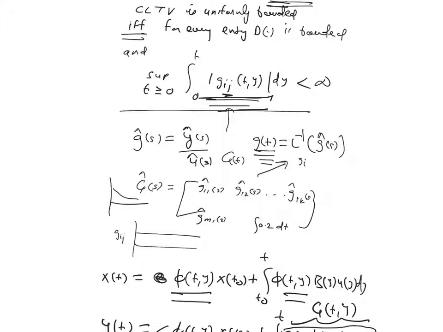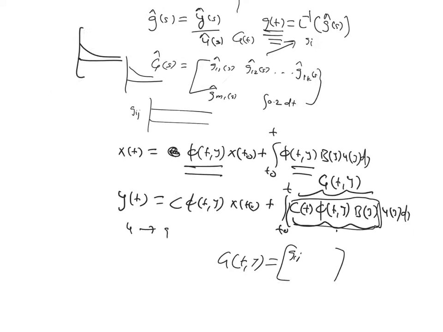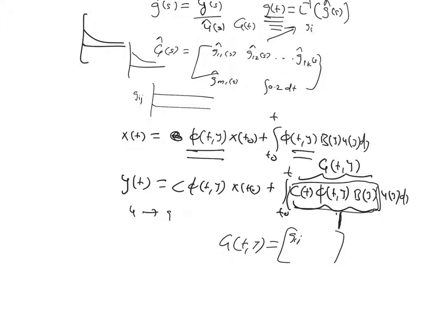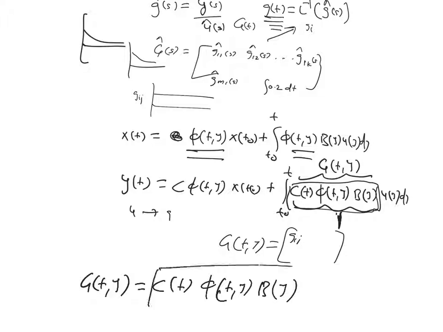If it is not decaying, that cannot be the case. So each element of that matrix has to decay. Your g(t, tau) will be C(t) phi(t, tau) B(tau).